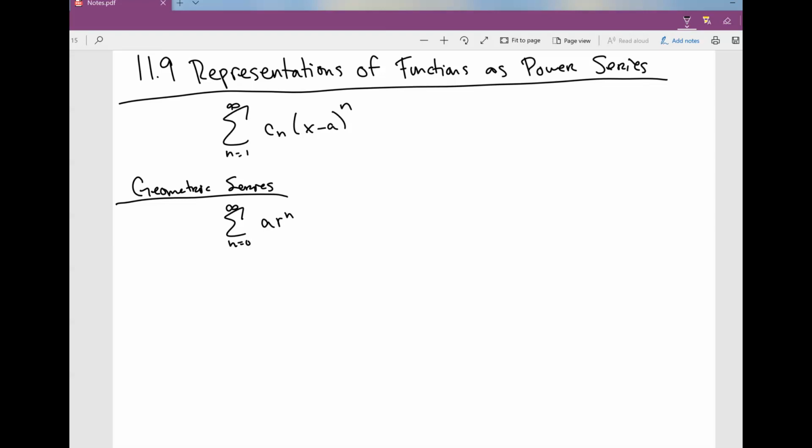It seems like such a long time has passed since we talked about geometric series, but we can find the sum as long as the absolute value of r is less than 1. If we know that, the sum is just the first term divided by 1 minus r. That's what we said was the sum of this geometric series.